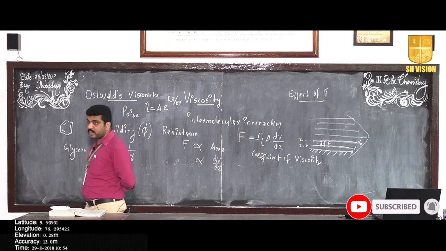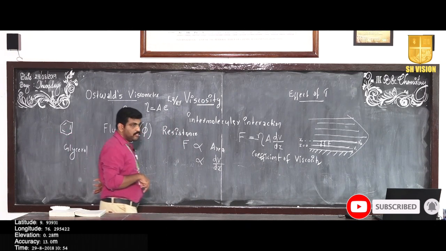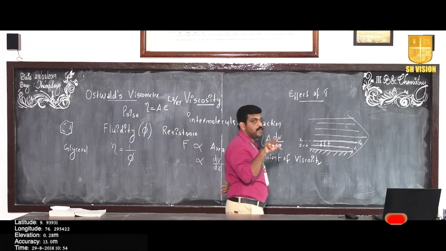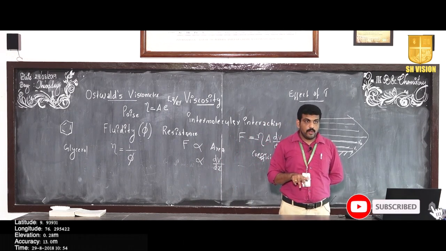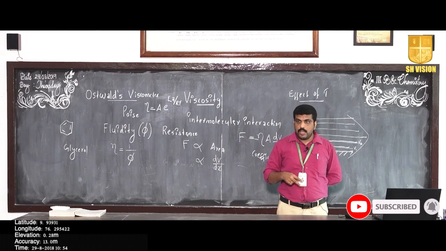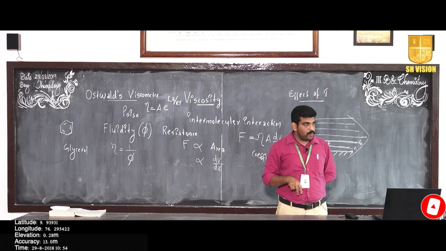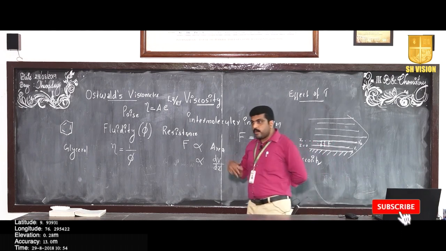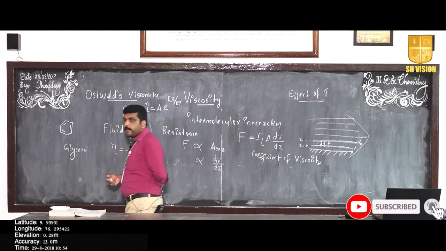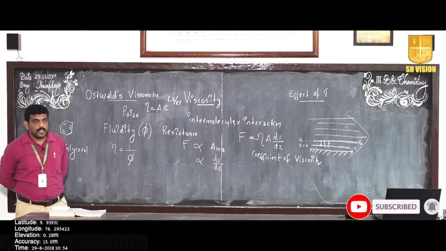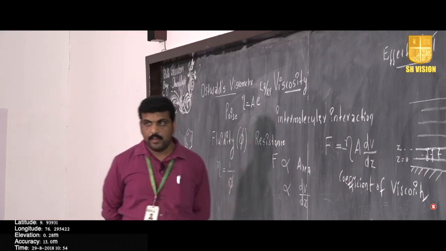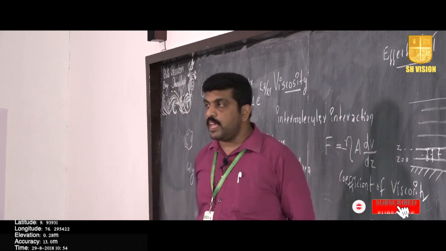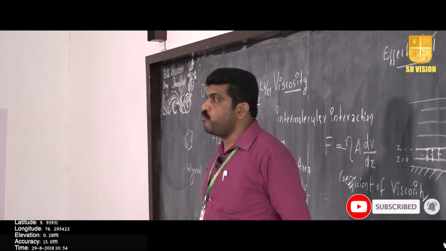Actually, we are not measuring the viscosity directly using this apparatus, but we measure the time of flow of the liquid, and using that time of flow we can make use of Poiseuille's equation and find out the viscosity of a liquid. The viscosity of two liquids can be compared with the time of flow.